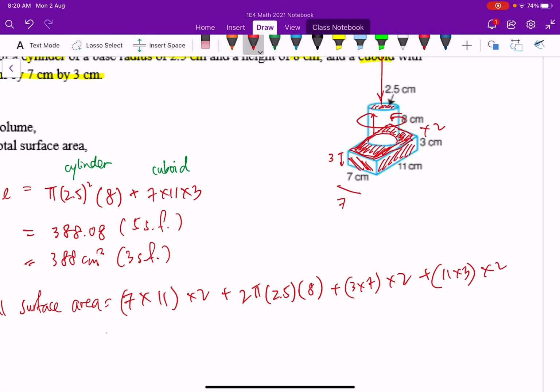So by doing this, I've already calculated everything here. Let me quickly punch this in the calculator. What you get here is 387.66 to 5SF, and my final answer is 388 cm square to 3SF.